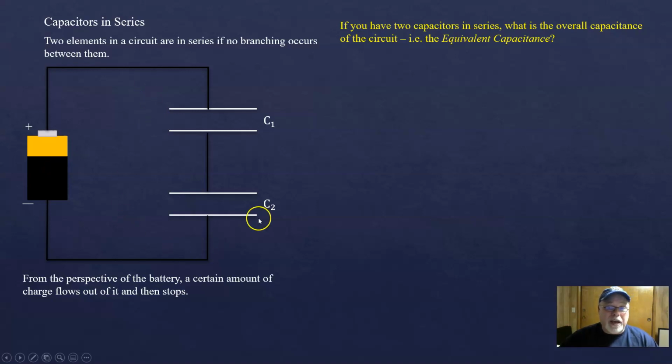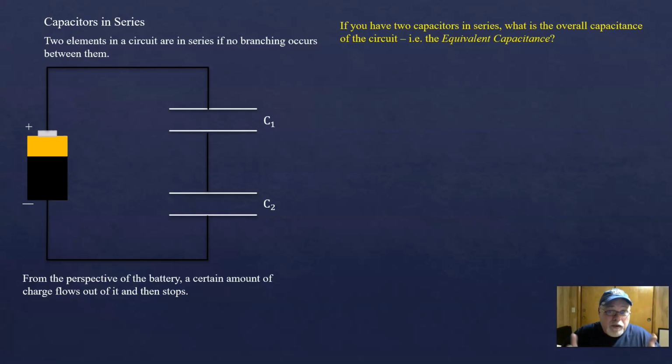You don't know there's two capacitors out here. You just know that charge was moving out of the battery, and then at some point later, it just stopped flowing. So from your perspective, that's exactly what happens with a single capacitor. Your most practical guess would be, oh, there's just one capacitor out there because, hey, the charge started flowing and then it stopped. That's what a capacitor does.